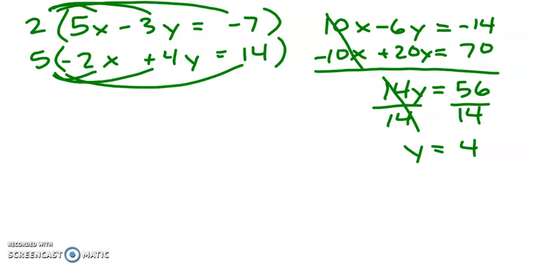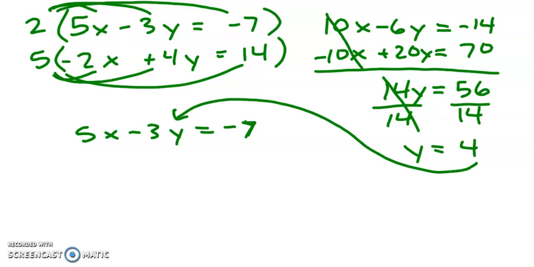Now I could use either of my initial equations. I could use either one of the new equations that I just used. But I'm just going to take one of the original ones, maybe just the top one. And I'm going to substitute 4 in for y right here.